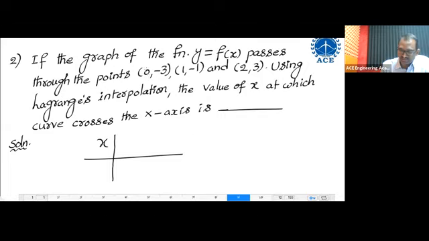Here x coordinate 0, here 1, here 2. So x coordinates are 0, 1, 2. These are y coordinates. Here y coordinate -3, here -1, here 3.